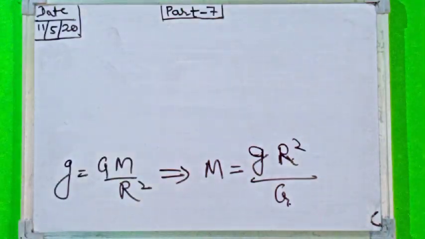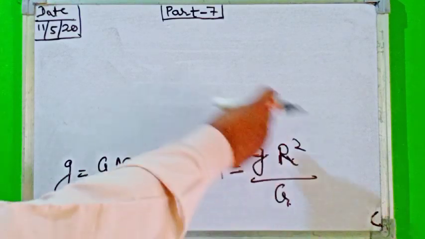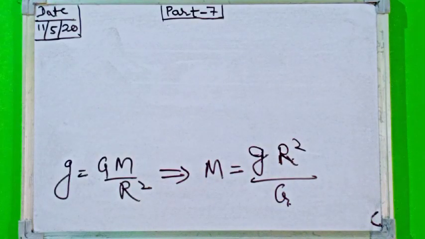It gives the acceleration due to gravity, which is directly proportional to the mass of the earth and its radius. The acceleration due to gravity on the surface of the earth is generally a fixed value. R is the radius of the earth and G is the universal gravitational constant, which has already been calculated. So by putting these values in this equation, we can get the mass of the earth.